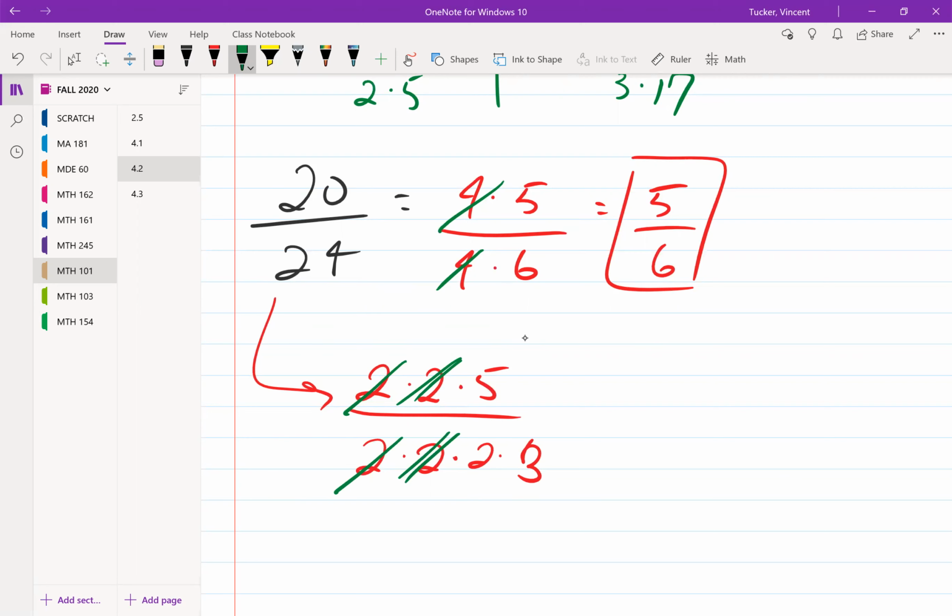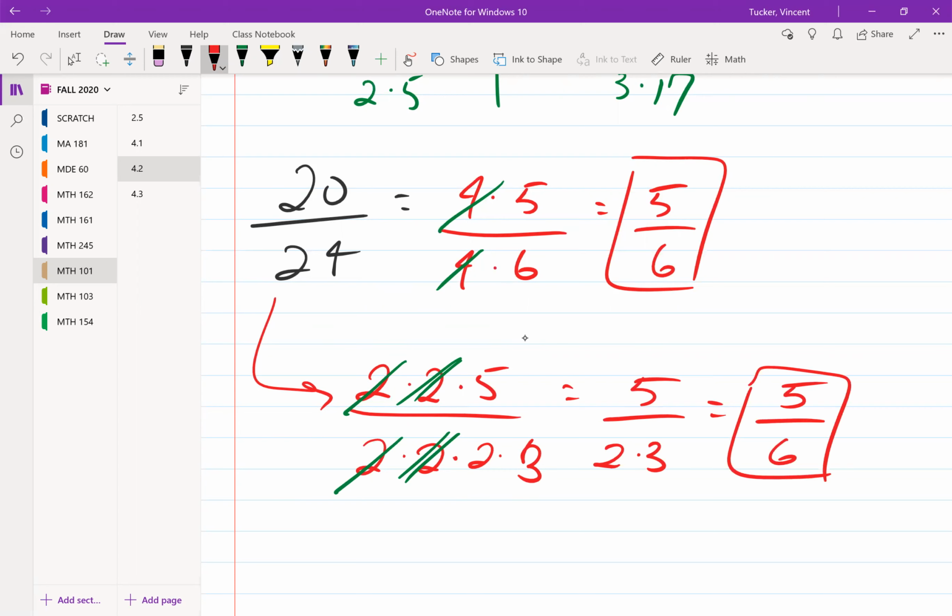We have the 2's that cancel out twice, leaving us with 5 over 2 times 3. And if you have anything left, you multiply that out and that'll give you 5 over 6. So either way, you'll get 5 over 6, whether you cancel out the largest number that you know they have in common, or you cancel out by using your prime factors. You'll still get the same value.